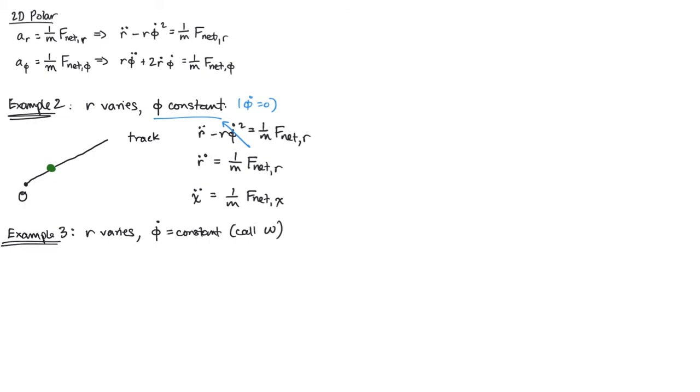Okay, so using the same idea as before, we could come up with a scenario in which we have, say, a bead that's allowed to travel along a stick, and also the stick is rotating at a constant rate. So this entire stick and ball system is rotating at a constant omega, where omega is phi dot.